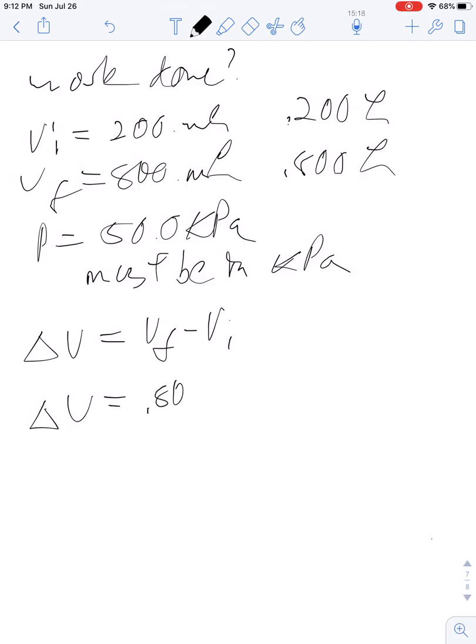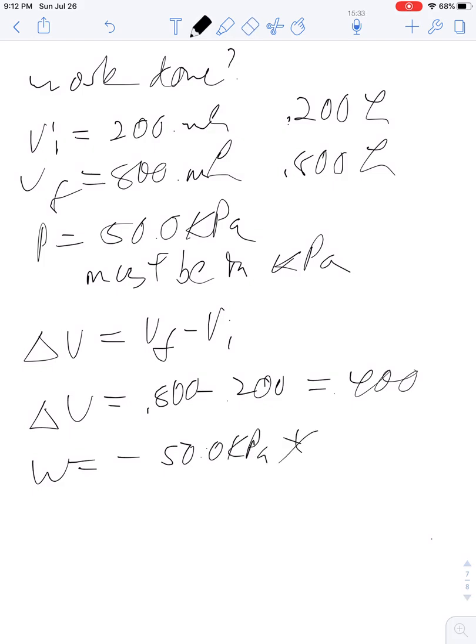So 0.8 minus 0.2 gives me 0.6. So then negative 50 kPa times 0.600 liters would give me negative 30 liters times kPa.